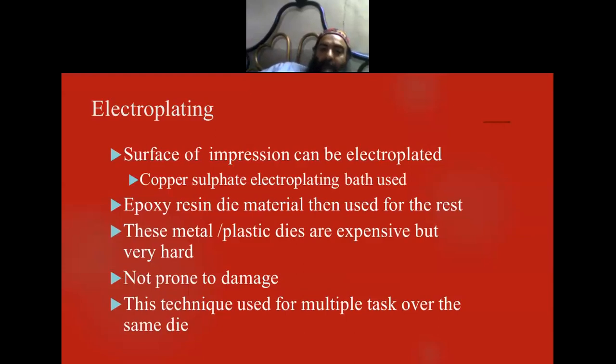When we have to do multiple tasks and we have a single die, for which we have taken an impression with polysulfides, we can electroplate it with a copper sulfate electroplating bath, and then a hard epoxy resin die will be formed, and we can do multiple tasks over a single die.